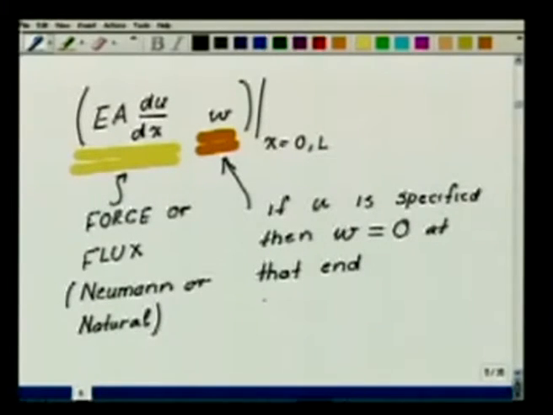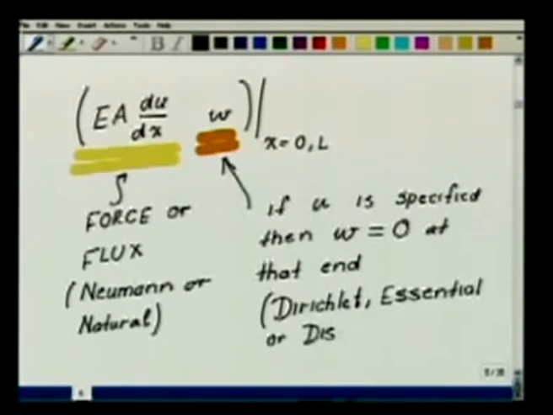So this set of conditions are called Dirichlet, essential or displacement boundary conditions.